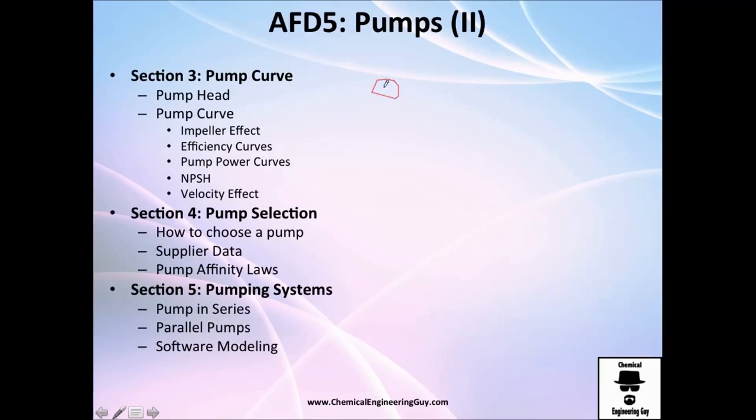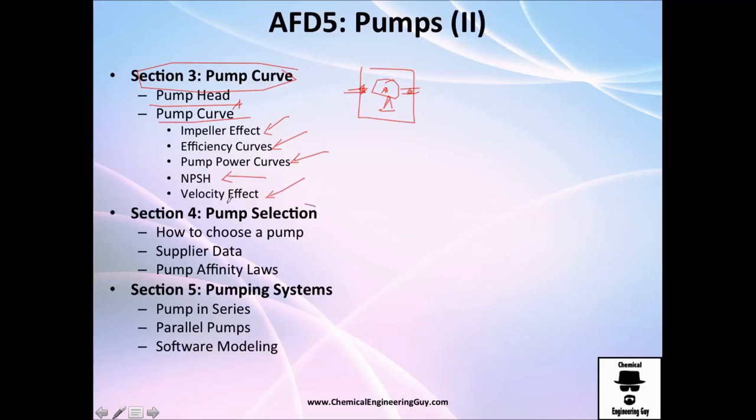Then for different pumps, we're going to study, you make an energy balance here and an energy balance here, only on the pump. That will be the pump head, and we will do a pump curve. Not only that, we're going to see the impeller effect, the efficiency curves, the pump power curve, the net positive suction head needed, and the revolutions per minute of the pump. So we will see a lot of pump curves here.